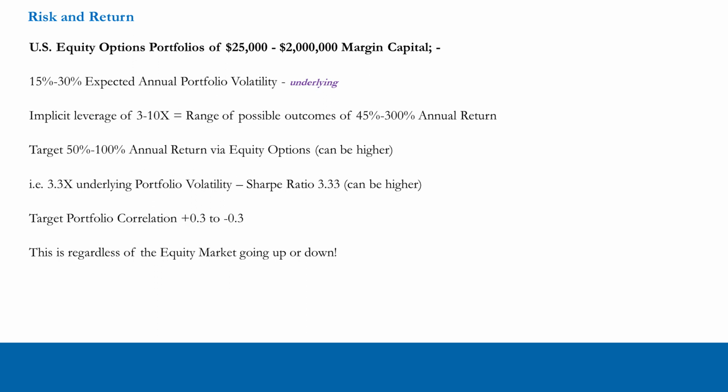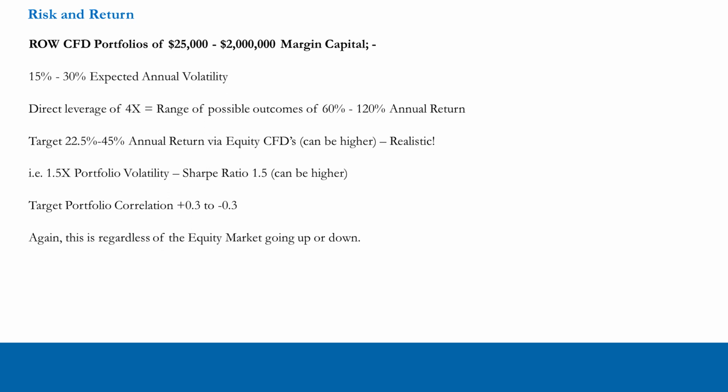Now, in the rest of the world with equity CFD traders, contract for difference traders, we're looking at small and large levels of margin capital for retail traders again. And we're looking at exactly the same expected annual portfolio volatility of a range of 15 to 30%. However, now with CFDs, we're using direct leverage, not implied leverage through options. So with CFDs, typically we're looking at 4 times.